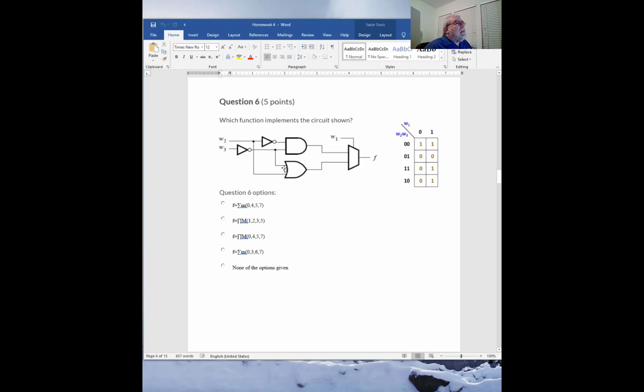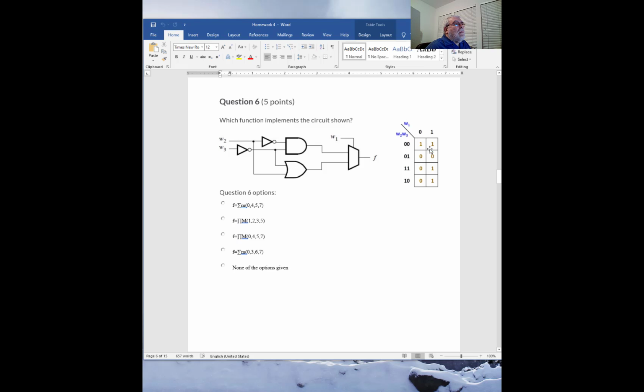And the same thing with the lower, which corresponds to when W1 is 1. This is different because it's an OR, so we have situations where, for instance, if W2 is 1, then we have this 1 here. If W3 is 0, then we also have that.